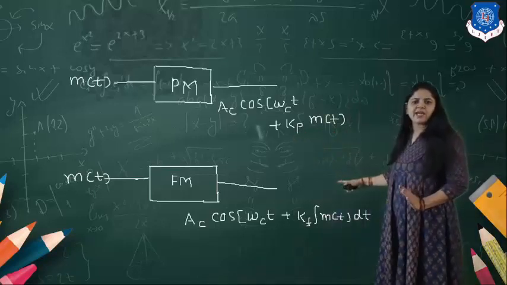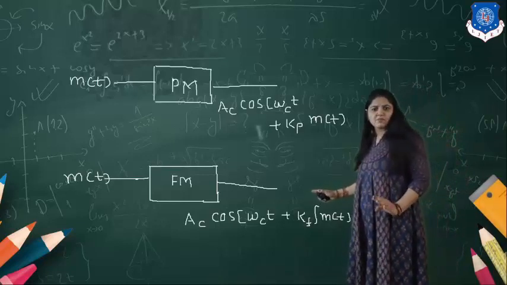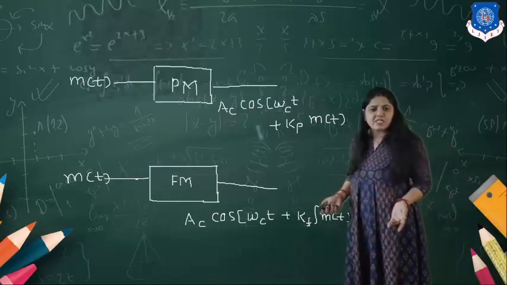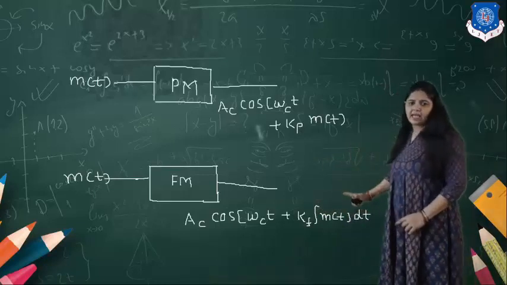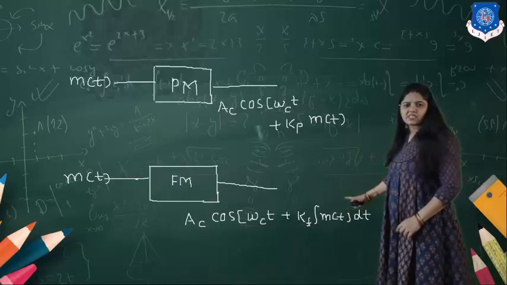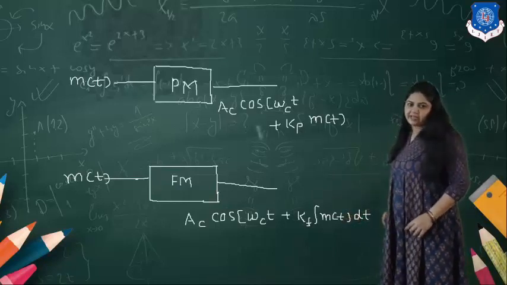And this is my frequency modulator. The input for the frequency modulator is m(t), and the output is Ac cos(ωct + kf ∫m(t) dt).